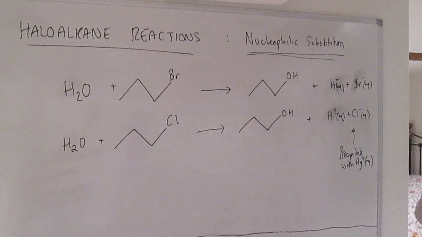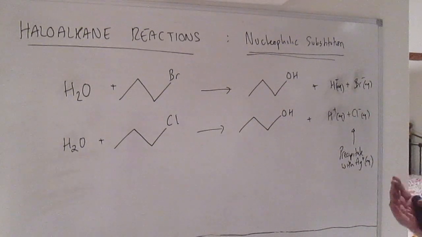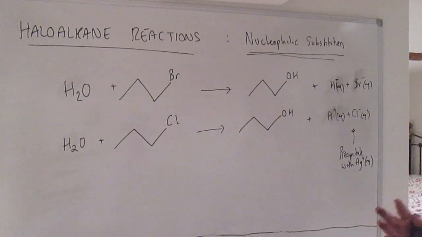So it's kind of a clever experiment, because it uses this trick you've learnt before just as a test for the halide ions, but now it's using it as a method for detecting how quickly these ions are formed in the reaction. So, as I say, this is an unusual case where you actually have to be able to describe the experiment for doing this.